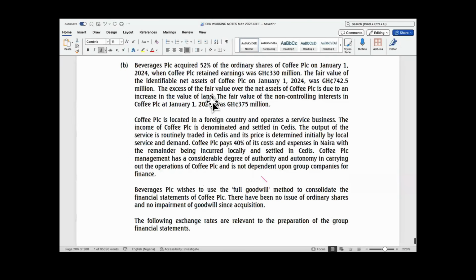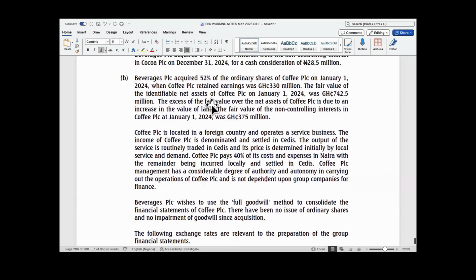Now, B. It says Beverages acquired 52% of the ordinary shares of Coffee PLC on January 1st, 2024, when Coffee PLC's retained earnings was 330, let's call this Ghana cedis.